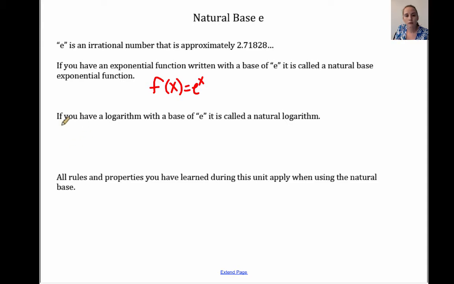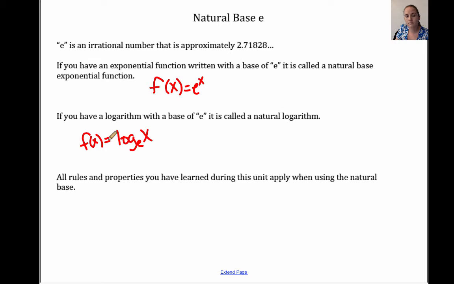If you have a logarithm with a base of e, it's called a natural log or a natural logarithm. So for a natural log, it would be log base e of some number, we'll say x. Log base e of x. And let me put f of x out here.